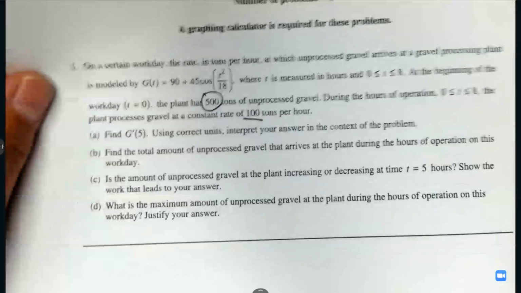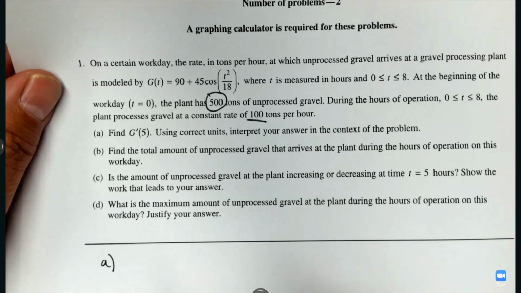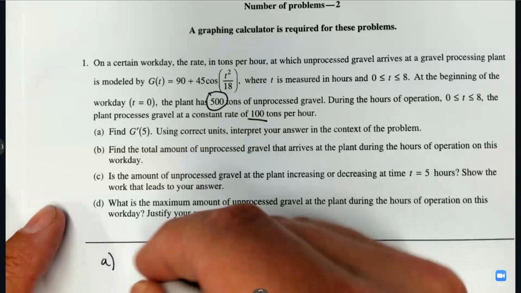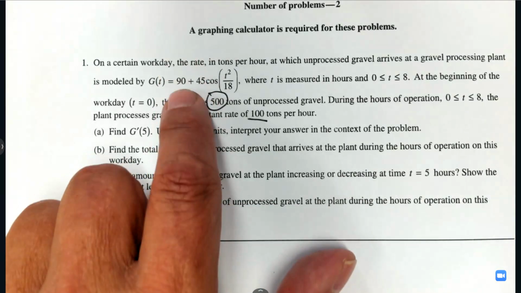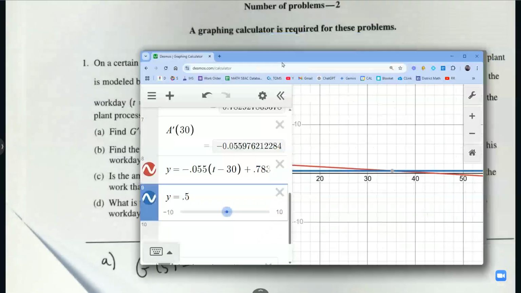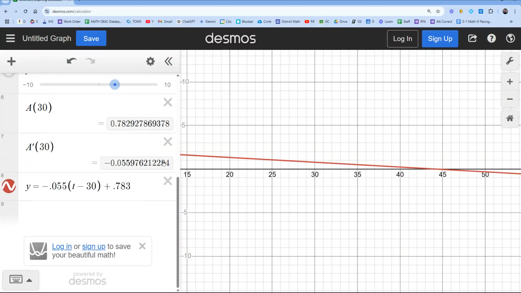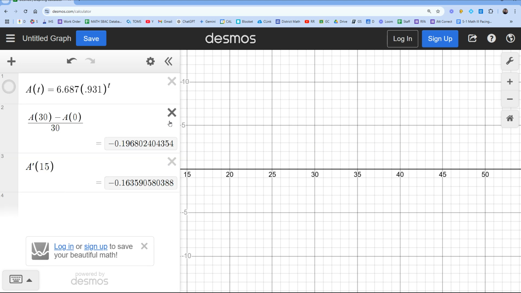So I'm going to look at part A, and just as I need it, I'm going to go to Desmos and answer it. So first, nice and simple, what's the derivative at 5? I'm going to type this equation as G. I'm going to double check to make sure I type it in correctly.